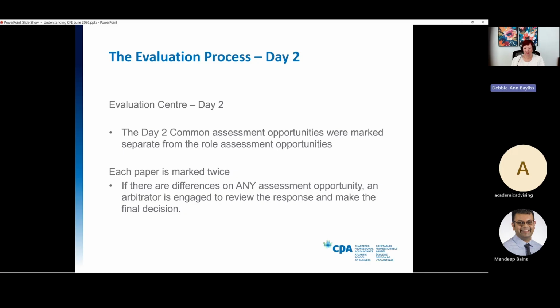Every response is marked twice. If there's any difference between the first and the second assessment for any of the opportunities, then an arbitrator is engaged and that response is reviewed again, and that arbitrator makes the final decision.